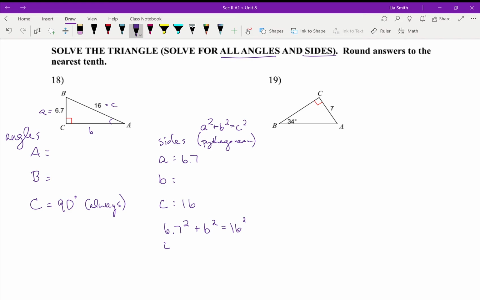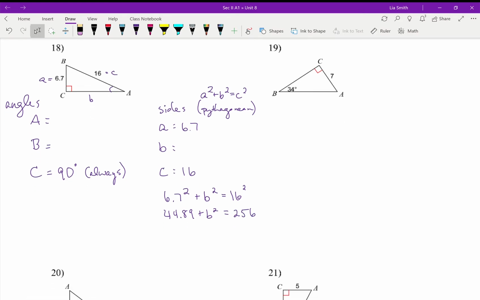So I get 44.89 plus b squared equals 256. I'm going to subtract 44.89 from both sides. I get b squared equals 211. Take the square root and I get b equals approximately 14.5.